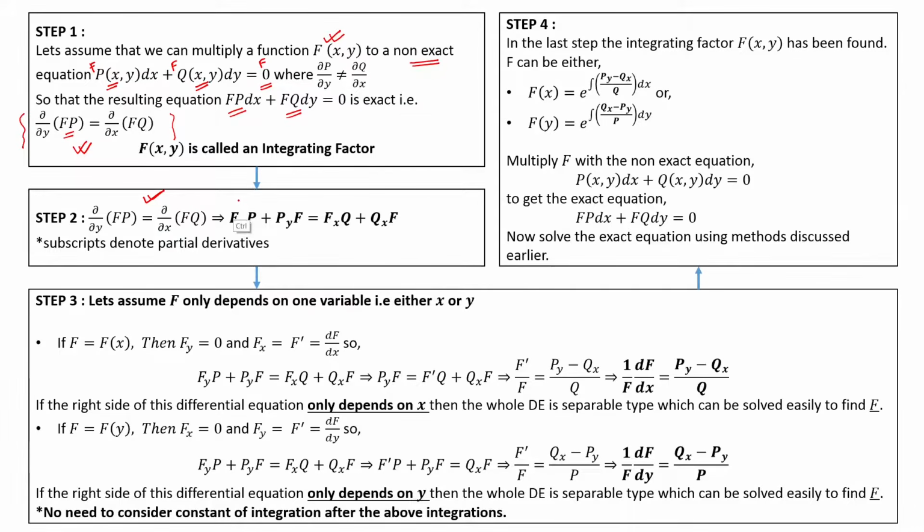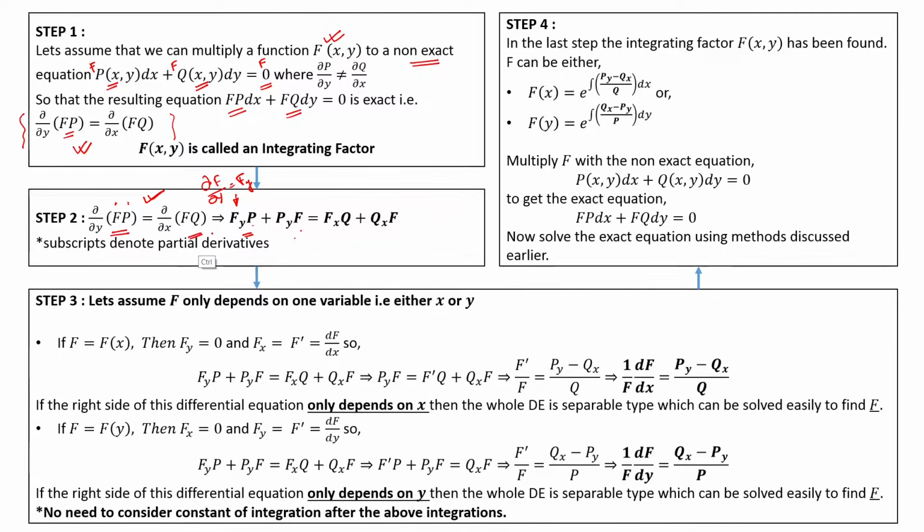Now let us assume F_y is the partial derivative of F with respect to y, that is in this notation ∂F/∂y we write as F subscript y. Then if we use the product rule of differentiation on the left side, this will be F multiplied by the partial derivative of P plus P multiplied by the partial derivative of F, which is written right here, that is P multiplied by the partial derivative of F with respect to y and F multiplied by the partial derivative of P with respect to y.